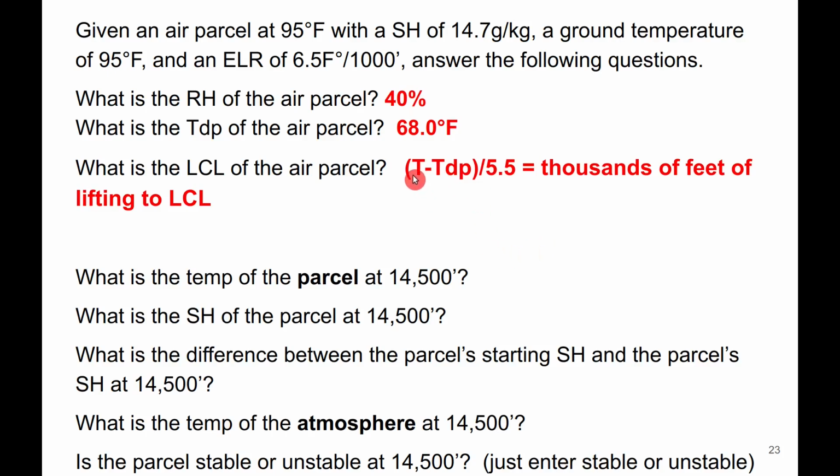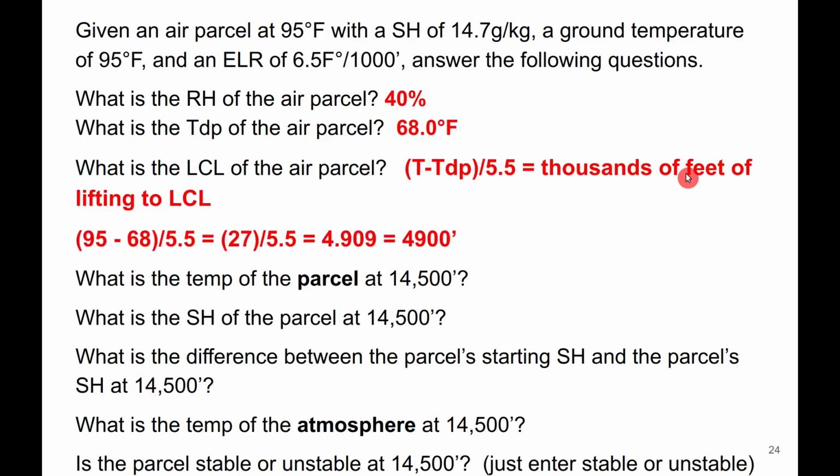The formula for that is temperature minus dew point temperature divided by 5.5 gives us how many 1,000 feet you got to lift it to the lifting condensation level. So plugging in those numbers, temperature is 95, the dew point temperature is 68. 95 minus 68 gives us 27 degrees of cooling.